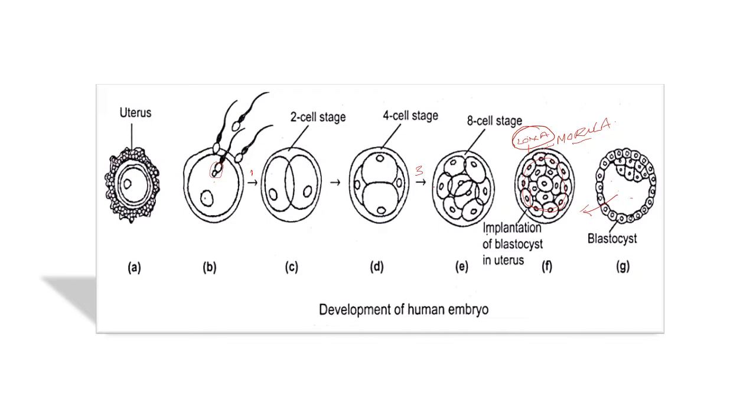As a result, after formation of the blastocoel, the morula is called a blastocyst, and this blastocyst is implanted, embedded in the wall of the uterus, which we call implantation. So after implantation, the pregnancy is established.